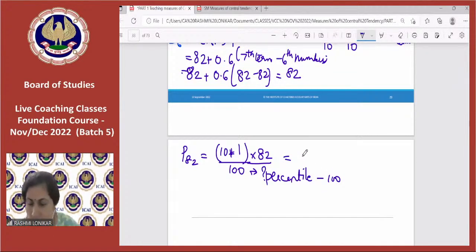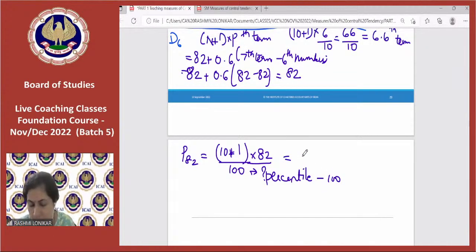So how much is this? 11 into 82 upon 100. 11 into 82 divided by 100. So 9.02. Okay, 9.02th term. So what does this mean? I have to find the ninth term.